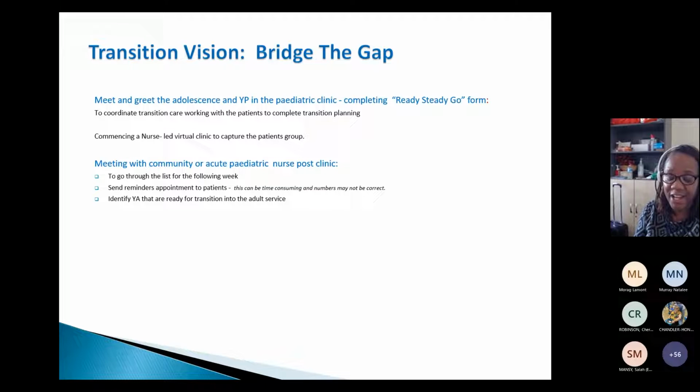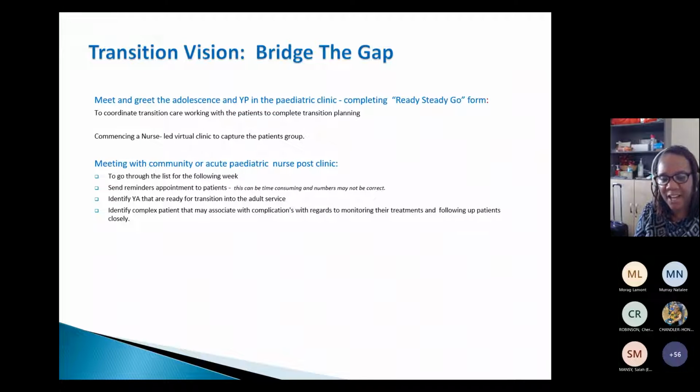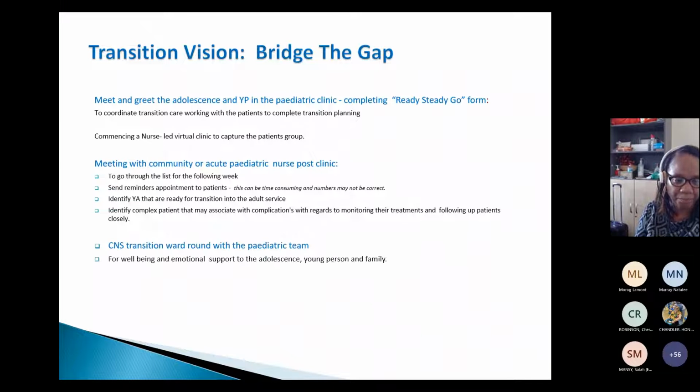And again, the challenge is sometimes you don't have the correct telephone number for the patient. Again, it's about identifying when the patient is ready to go through to the adult service, as I said, and it's also about looking at the complexity of the patient in regards to treatments. And again, that evidently needs to be followed up closely.